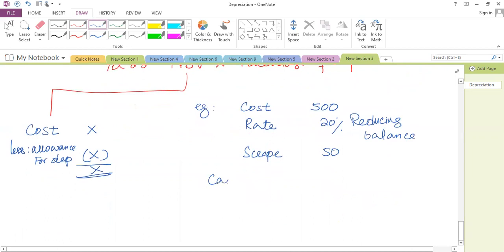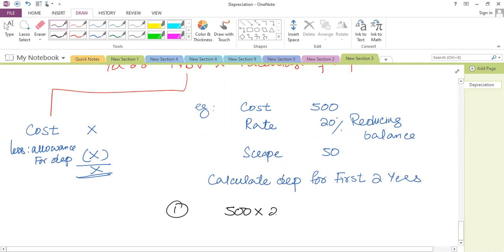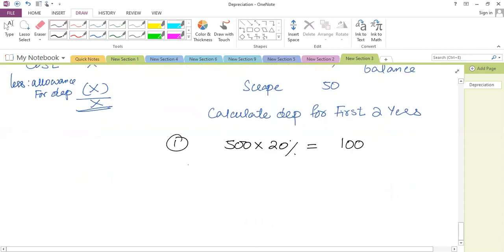Calculate depreciation for first 2 years. Now year 1, the cost is 500, multiplied by rate of depreciation, so the depreciation is 100. Now in year 2, first identify the net book value, that is original cost 500 minus depreciation, multiplied by now 20%, so that will give you a figure of 80.